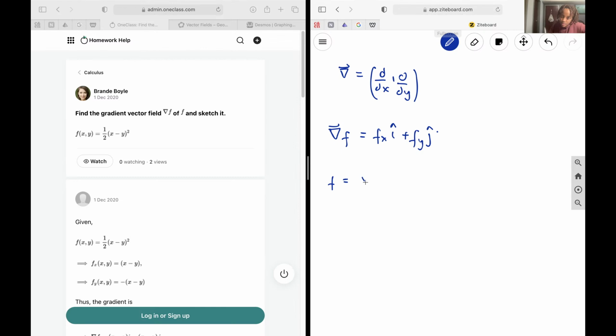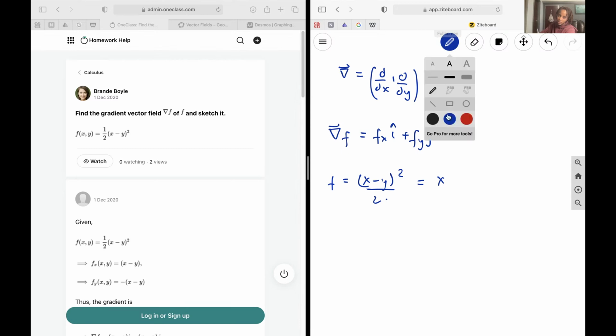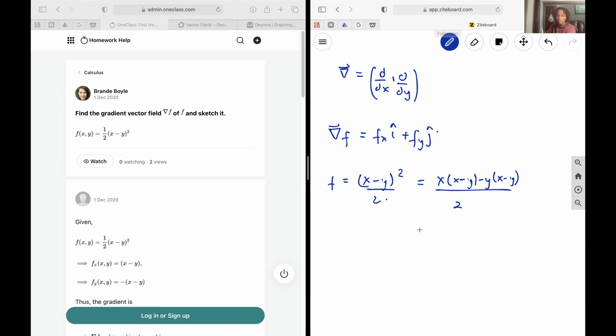If f is equal to (x - y)^2 over 2, let's expand that: (x - y)(x - y) all over 2.